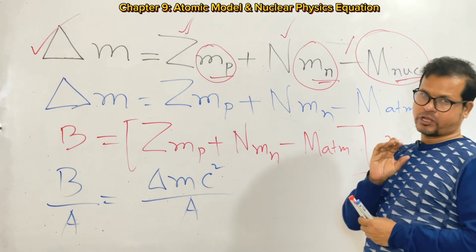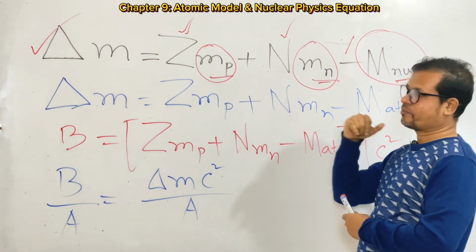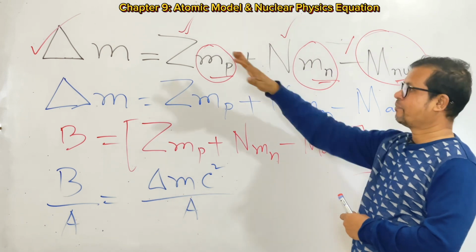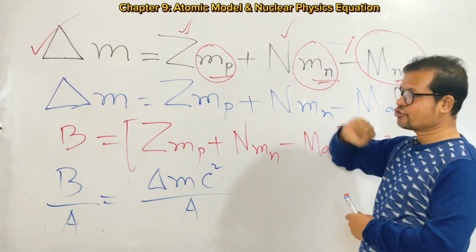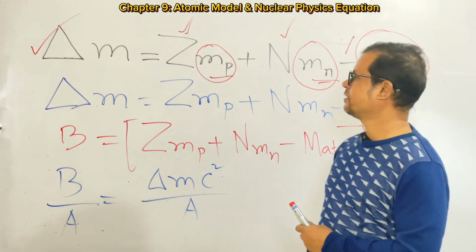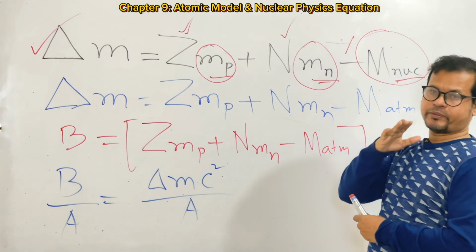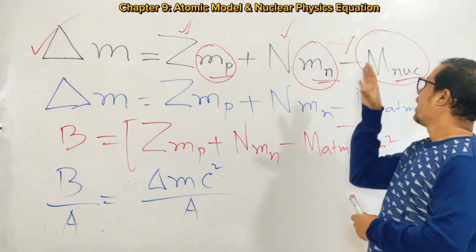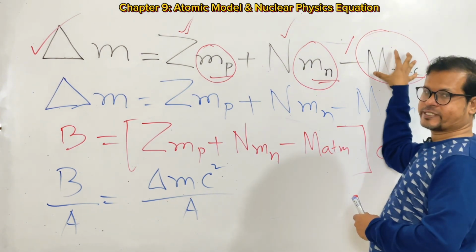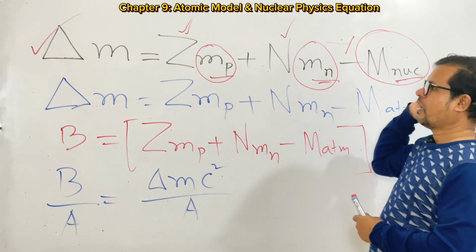Okay, if the question gives you the nucleus mass, neutron mass, proton mass, number of protons and number of neutrons, then you can find the mass defect. Try to remember that the mass of the nucleus is always deducted, that is, minus.